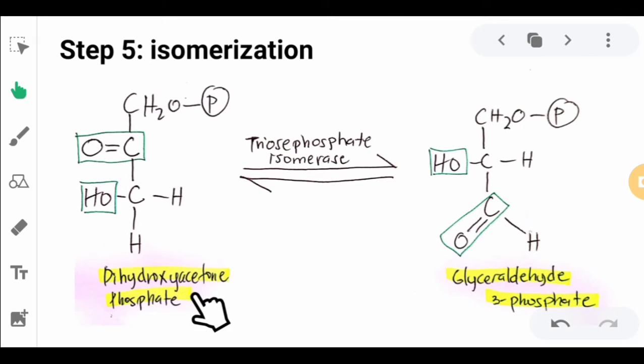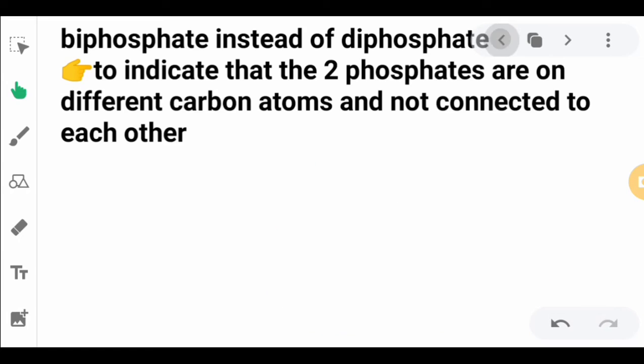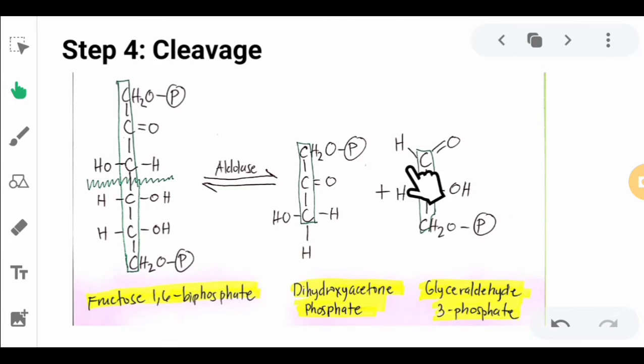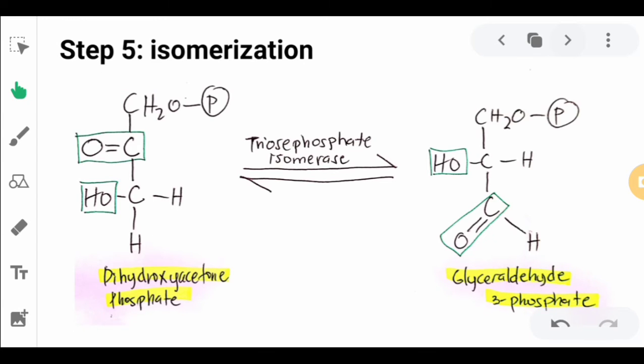With the help of the enzyme triose phosphate isomerase, the placement of the bond and the hydroxyl group is isomerized. If you notice, I have a double bond here and a hydroxyl. They will switch places to form glyceraldehyde phosphate, the mirror image of this one. They are just inverted. And then you will now have the glyceraldehyde 3-phosphate.